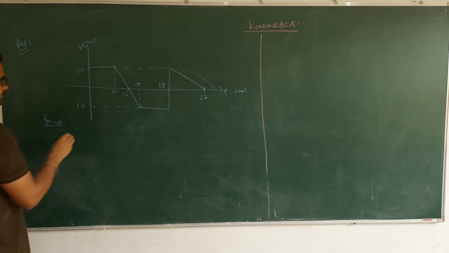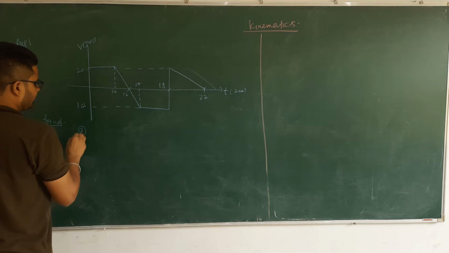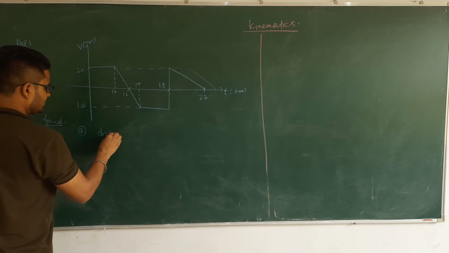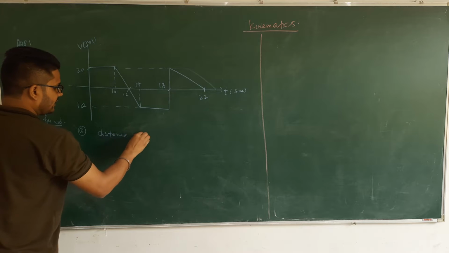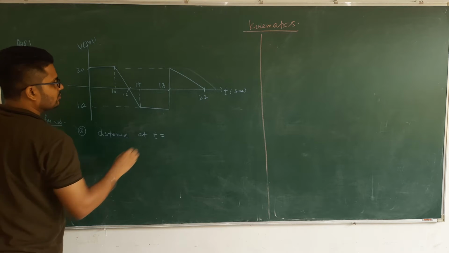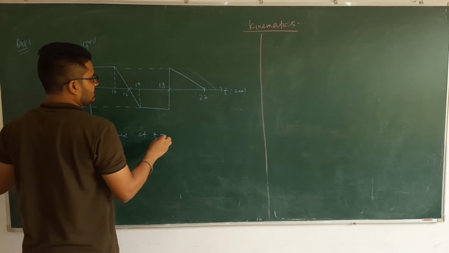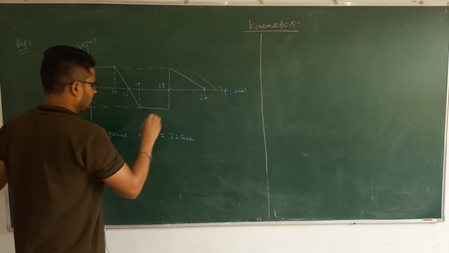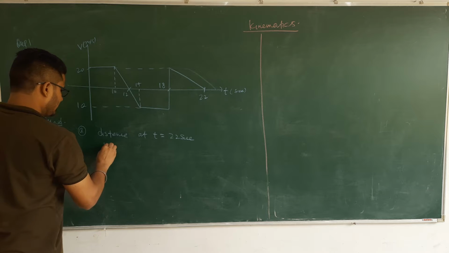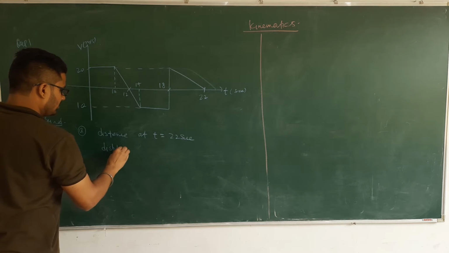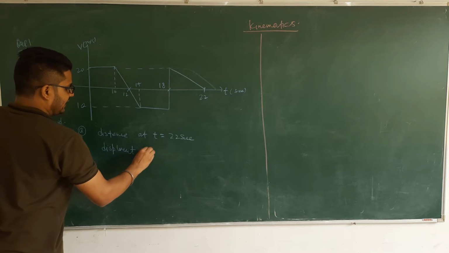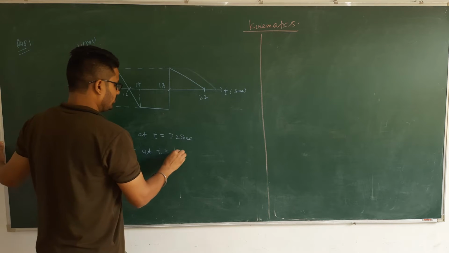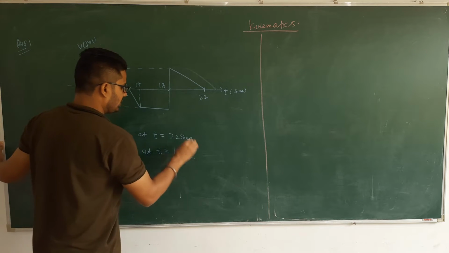Okay. So find, first of all, number A, distance at t is equal to 22 second, displacement at t is equal to 18 second. Okay.